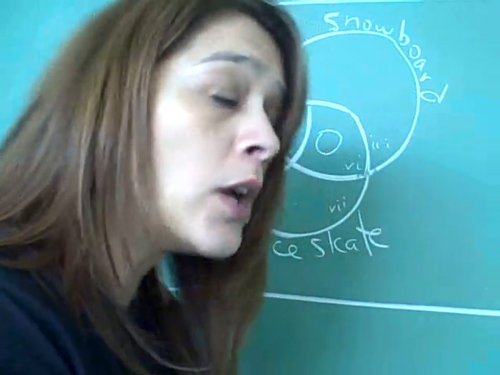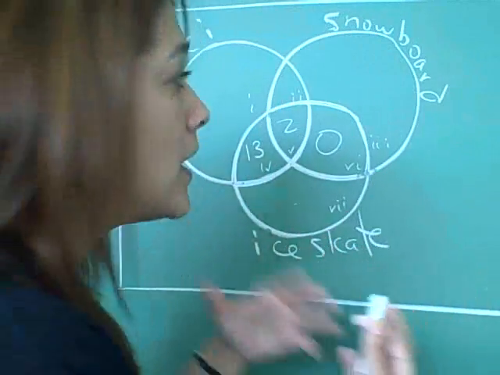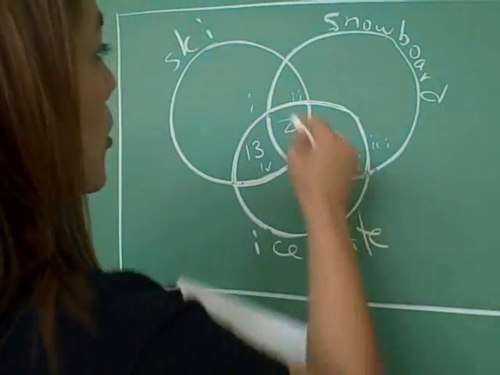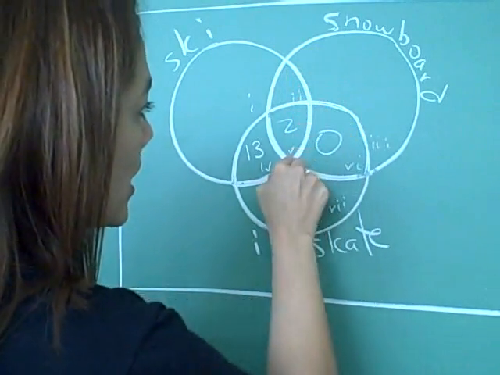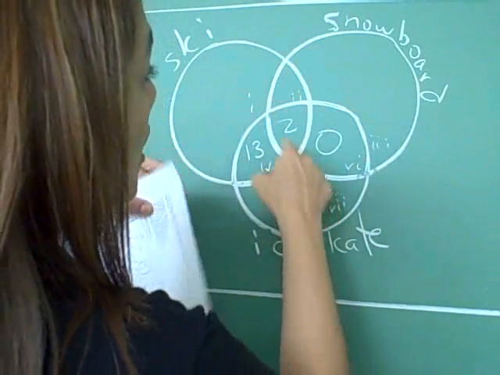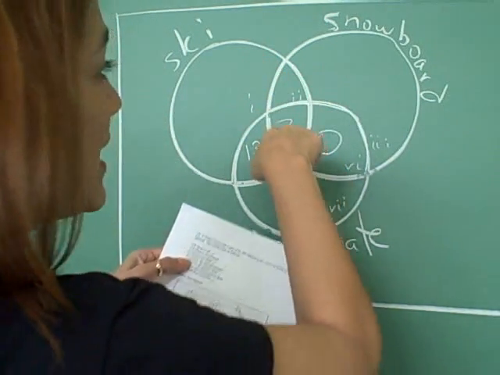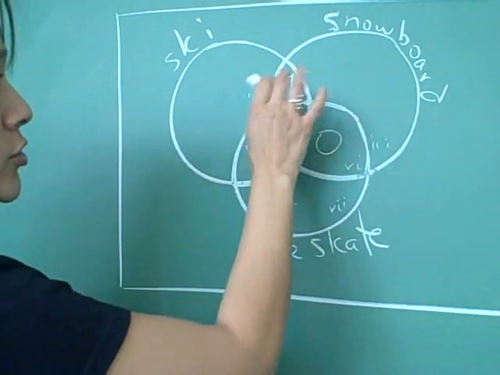So it's pretty simple, but if you haven't seen it done properly, then you can make all kinds of mistakes. 49 liked to ski and snowboard. Again, we're looking at the intersection of skiing and snowboarding here, that little eyelet. 2 are already accounted for within that region. So if I need a total of 49, then 47 should be within that region, in region 2 right there.